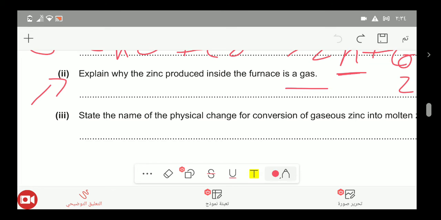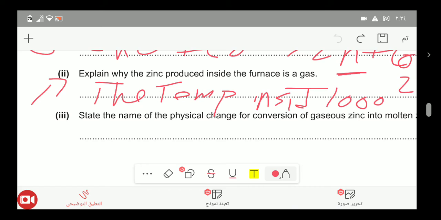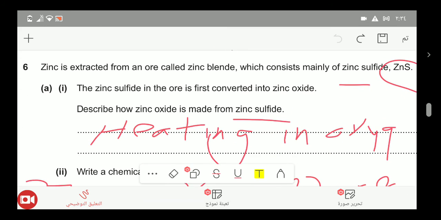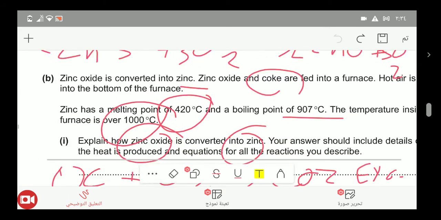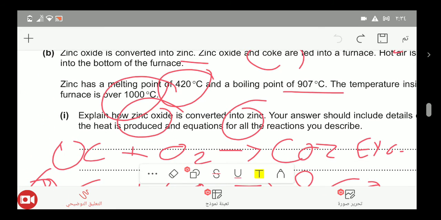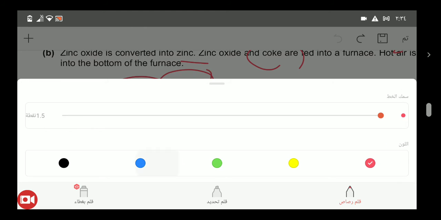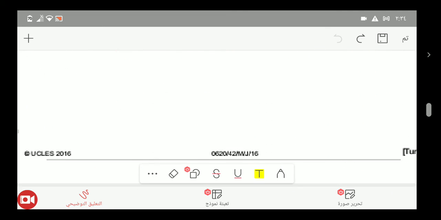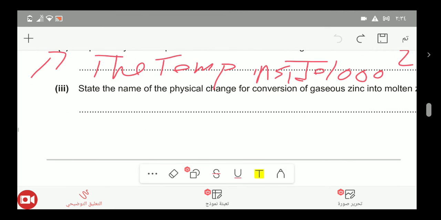Because the temperature inside is above 1000 degrees Celsius, and the boiling point, as he said to us here, is about 907 degrees Celsius.